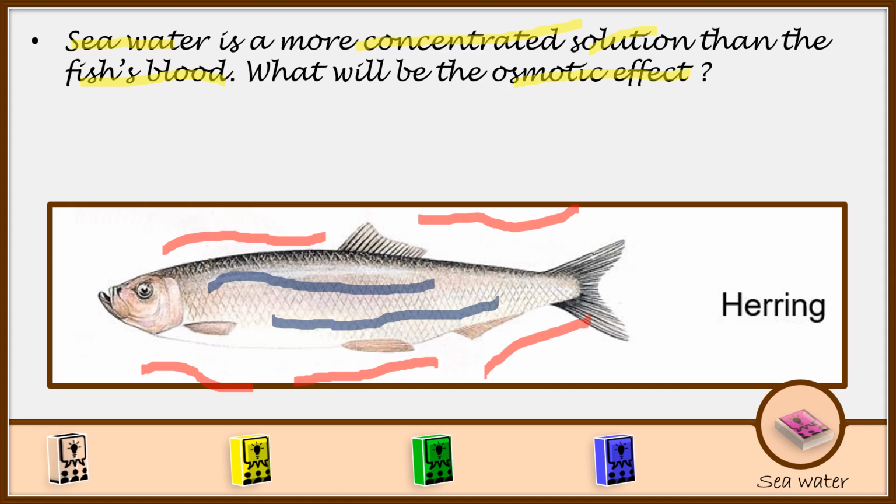If the concentration outside is high, we expect water to diffuse out of the fish, because inside the fish there is a very low concentration of salts, and there is a high concentration of salts outside. So water will diffuse from inside to outside by osmosis.